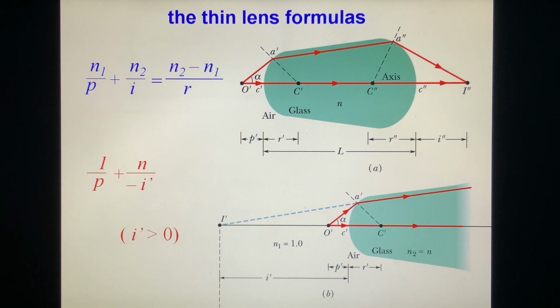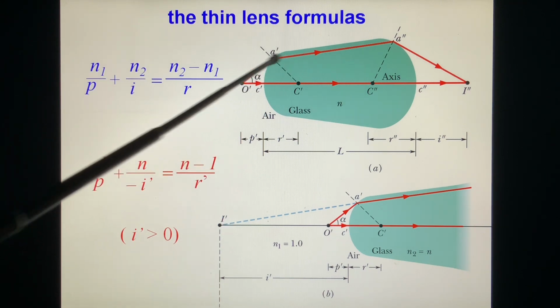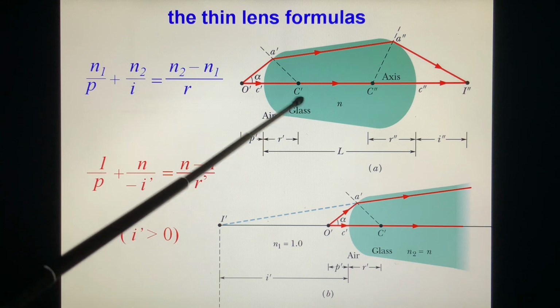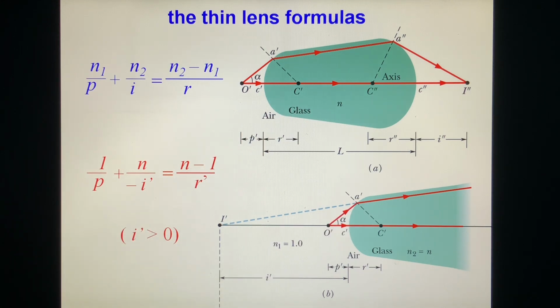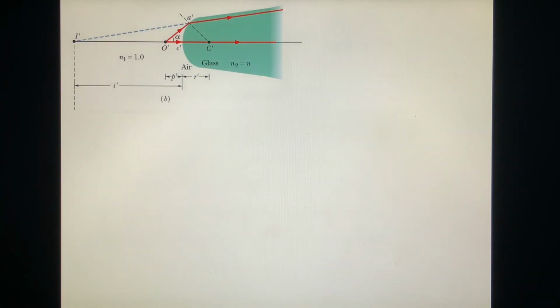Now we rewrite it: we write minus i prime, which is positive. Altogether it should be minus; it's just a different way to write it. Here n2 is n, n1 is 1, and this is R1. Now this ray continues, and then we have this one, and we get this equation.